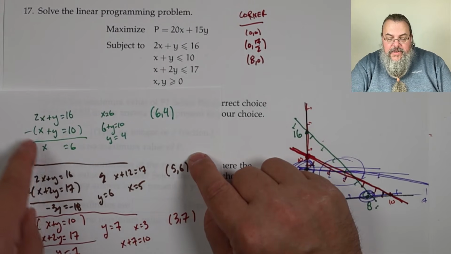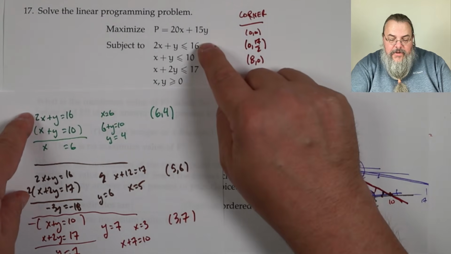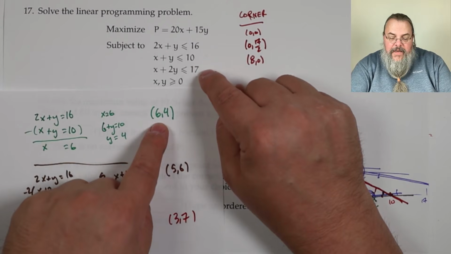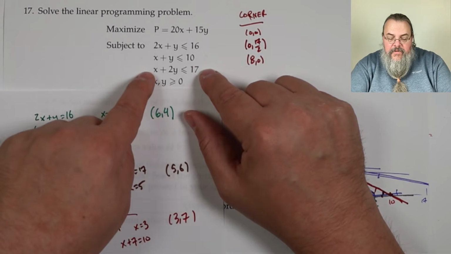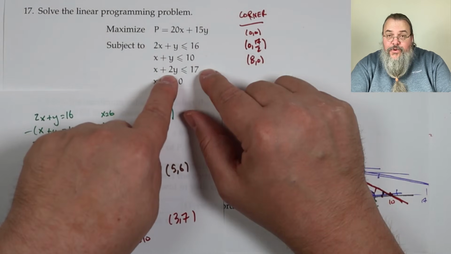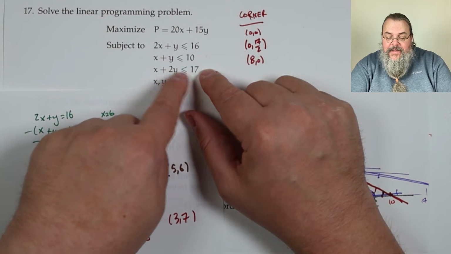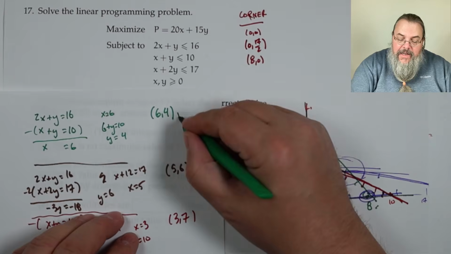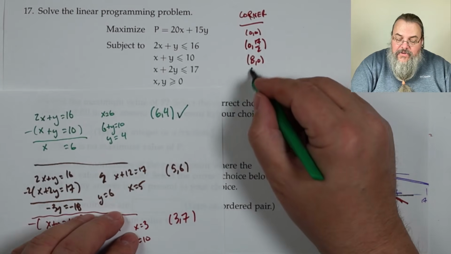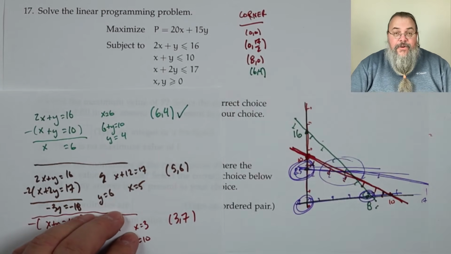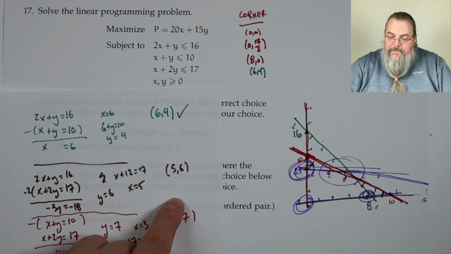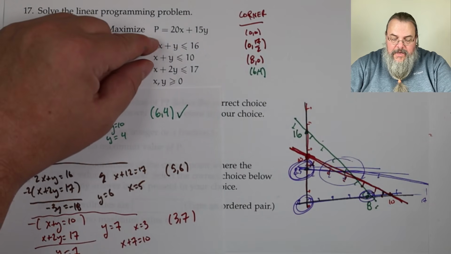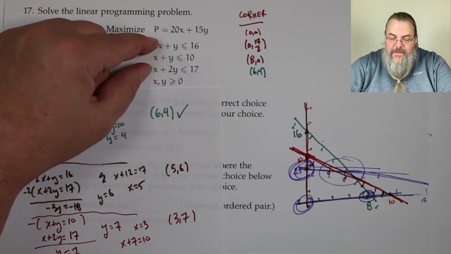Now, here's the easy thing. You see how we used the 2x plus y and the x plus y? That's automatic. Check the last one. Does 6 plus 2 times 4, which is 8, come out less than or equal to 17? It is. So (6, 4) is a corner. How about (5, 6)? It came from 2x plus y and x plus 2y.